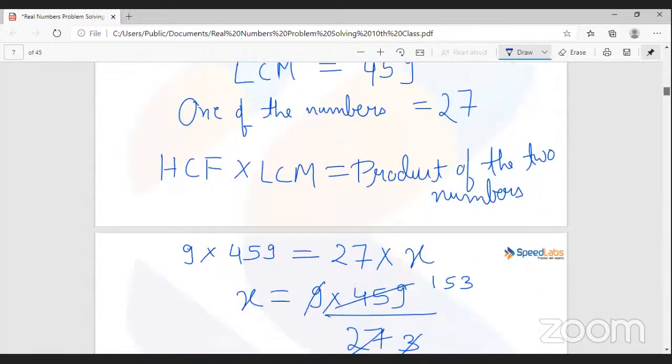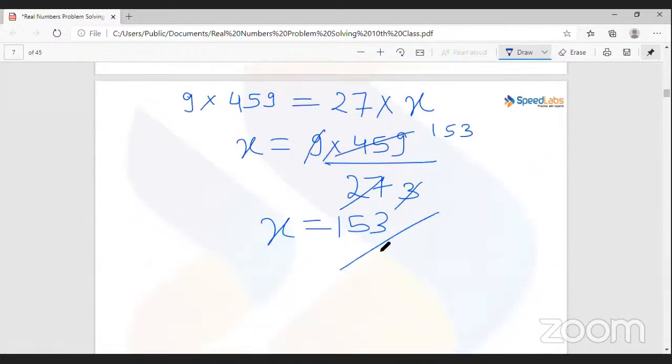So the other number is 153. Everybody understood the solution? Yes, ma'am. Okay. So should we move on to the next question? Any doubts, anyone? No, ma'am. Okay.